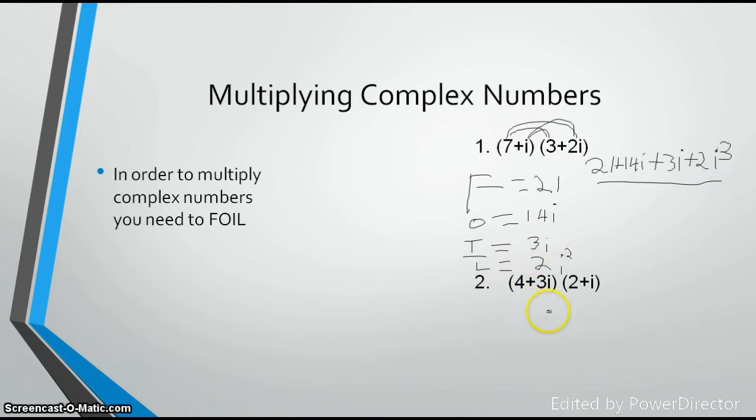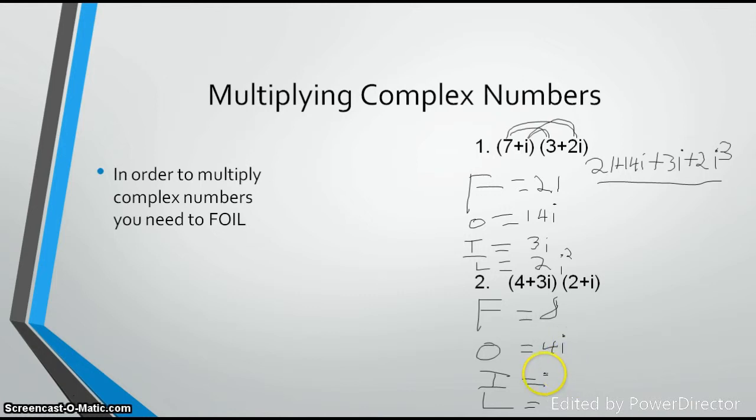And you can combine like terms, 14i and 3i, to get 17i. Second, we have 4 plus 3i and 2 plus i. And FOIL, first, outside, inside, last. So first, we're going to have 4 times 2, giving us 8.